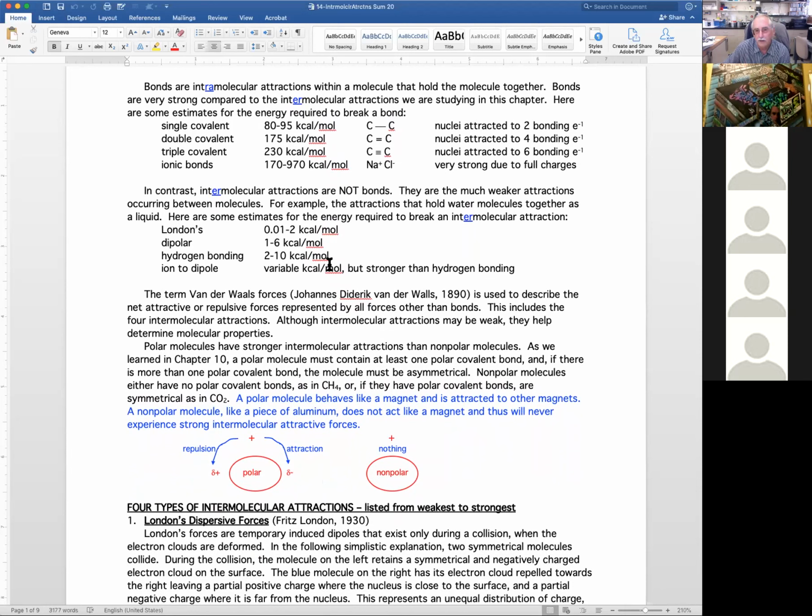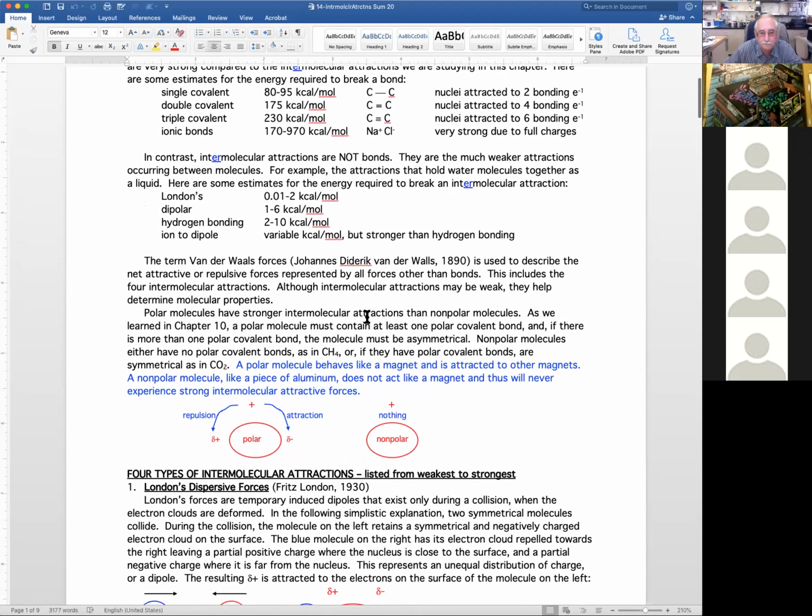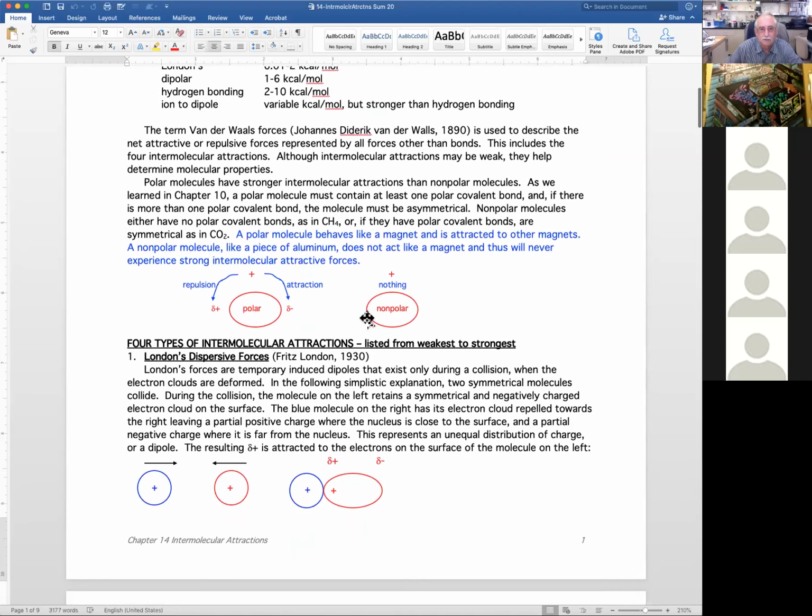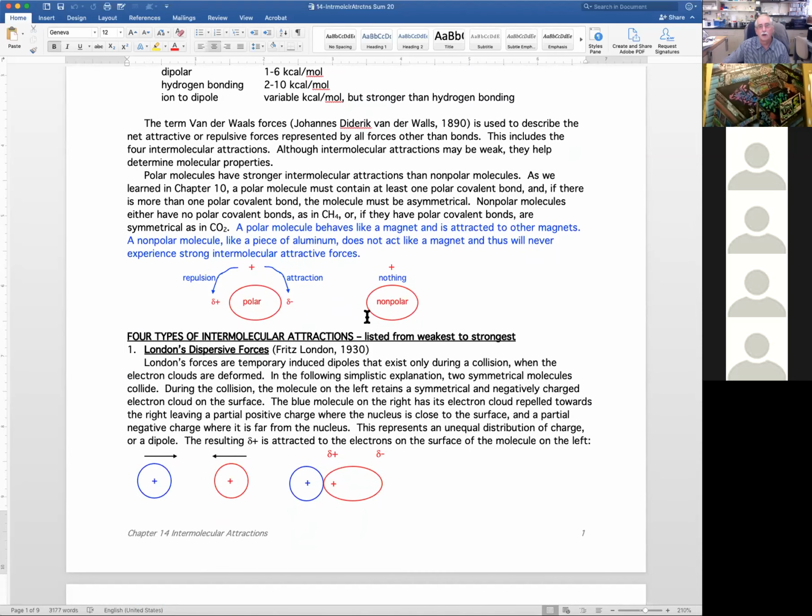Ion to dipole attractions, I really can't find anything that describes it, so I just put variable. So the premise is that a polar molecule behaves like a little magnet. It's therefore attracted to other little magnets.